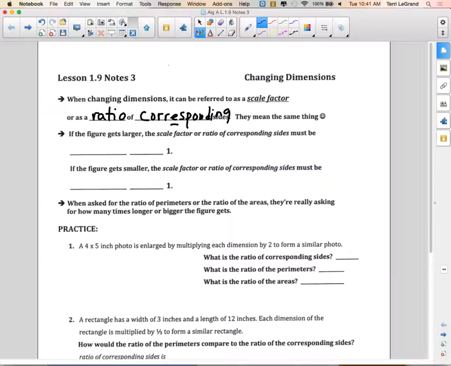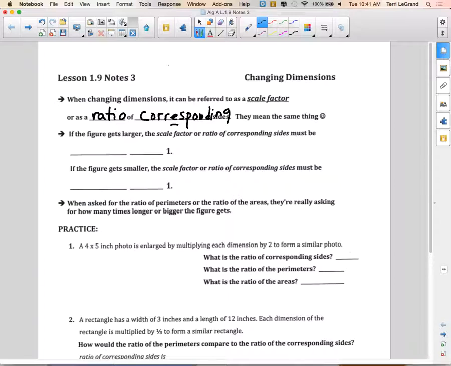You would take a side from the original figure, you would set up a ratio with the corresponding side from the new figure, and then you would simplify it if you could, and you would say that is the scale factor. So you actually were setting up a ratio of corresponding sides, simplifying it, and saying that was your scale factor.